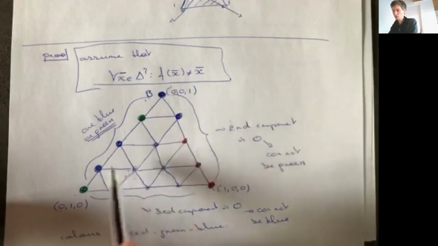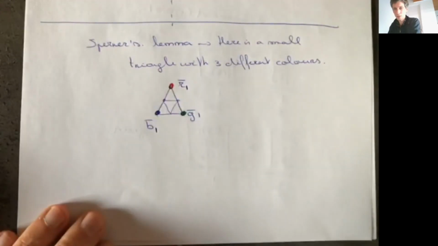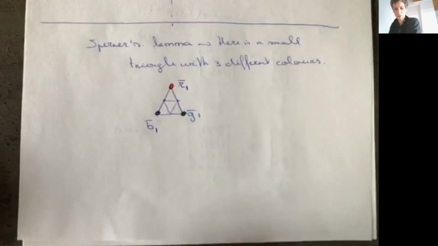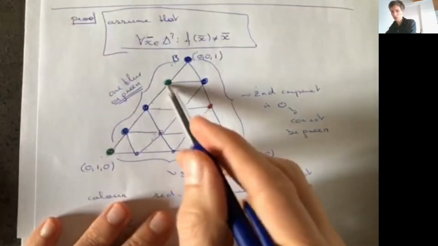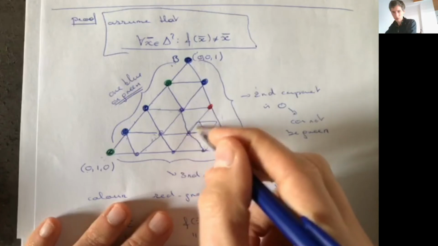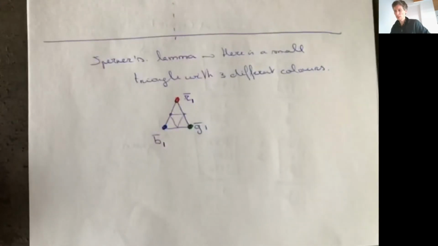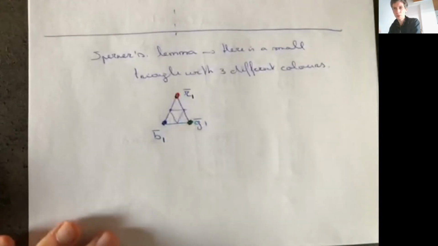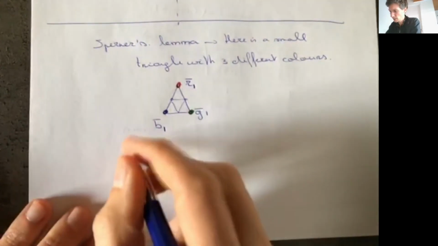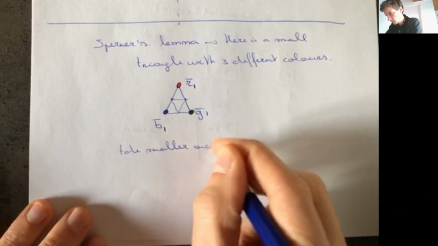I can always divide this into smaller and smaller triangles, and each time find a triangle with 3 different colors. Maybe the first time I have a big triangle with 3 different colors, then a small triangle, and then maybe a tiny triangle with 3 different colors. But each time the coloring satisfies the conditions for Sperner's lemma, so I can find a triangle with 3 different colors.